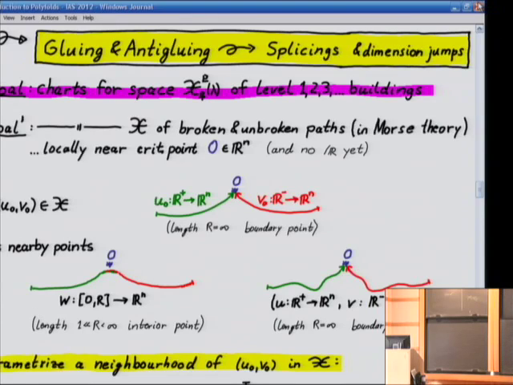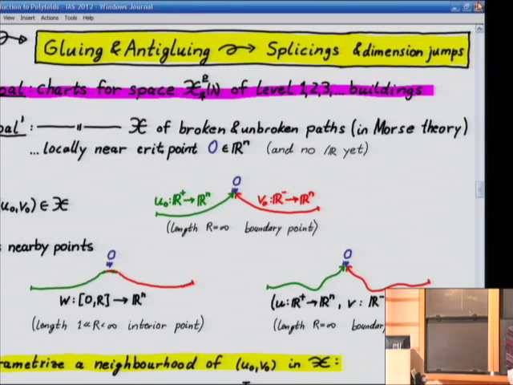And I'm going to assume that I just want to describe the neighborhood of a broken path, so something from the positive real line that converges to 0 at plus infinity, together with something from the negative real line that converges to 0 at minus infinity. Right. So I want to describe a neighborhood of this. This now is one point in my polyfold, and I need to make a chart nearby.